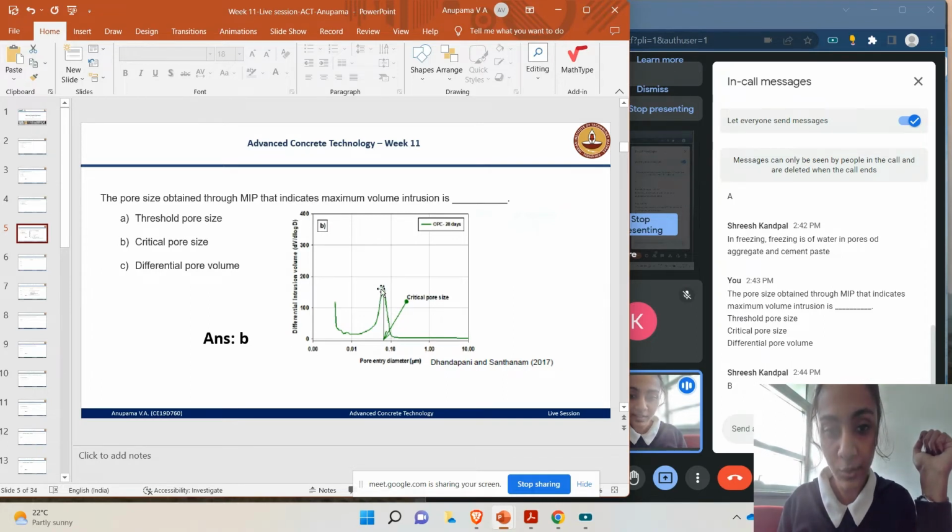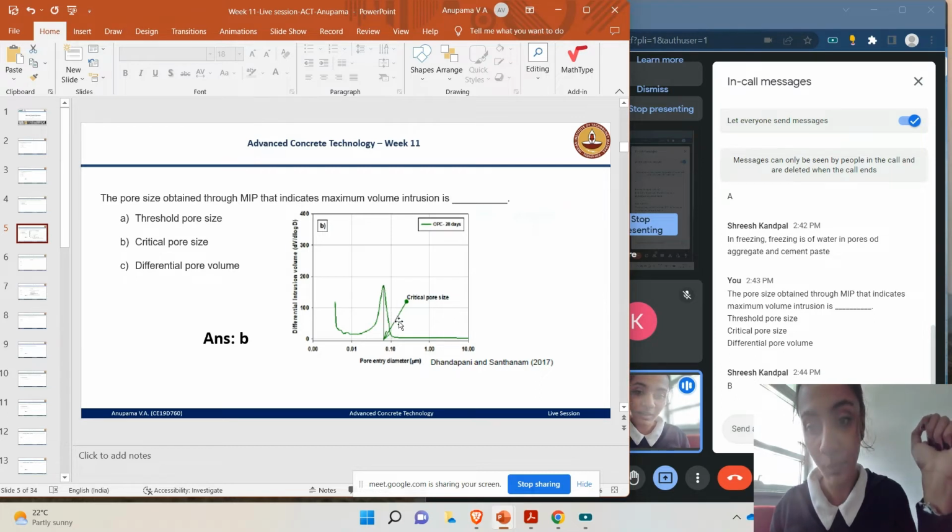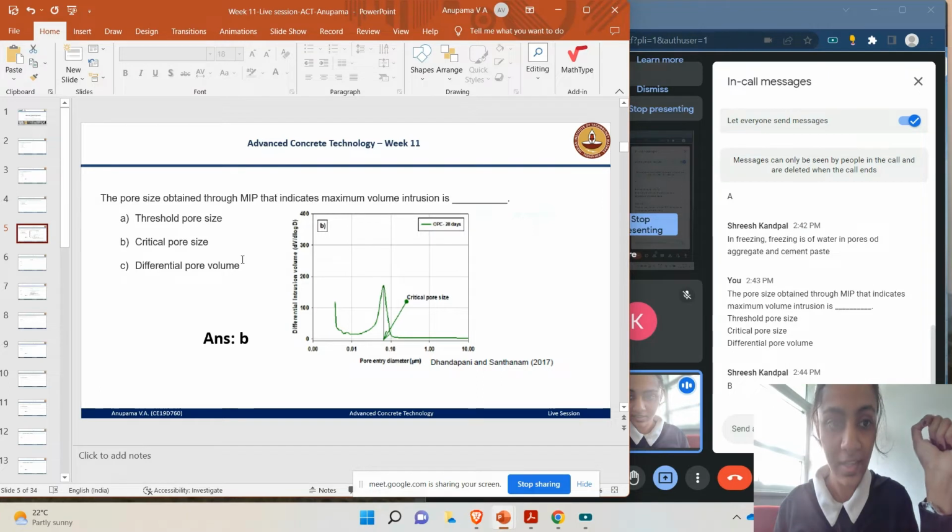So there is a higher intrusion volume peak you can see here, and the corresponding diameter of the pore indicates that at this pore size there is a maximum intrusion of mercury. So that point is known as the critical pore size. So the correct answer is critical pore size. It is the pore size indicating the maximum volume intrusion of mercury in MIP.